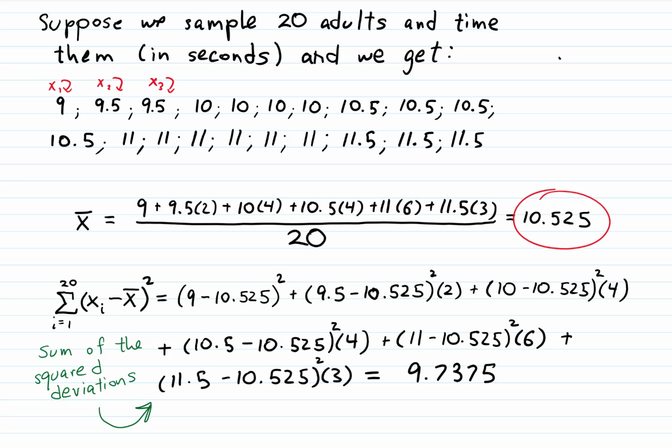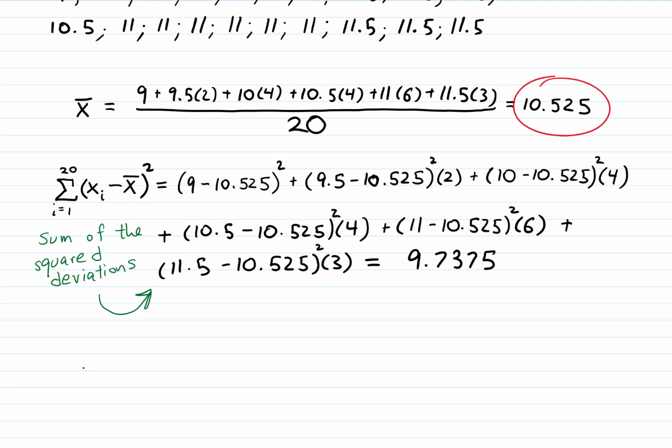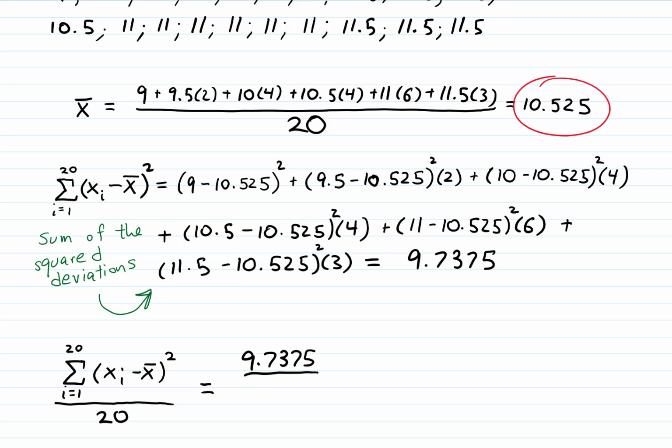What we want to do now is we would actually like to find the average of the squared deviations. So what does average mean? You add them up, which we already did. We added up the squared deviations. Now I would like to divide that by how many there are, which is 20. Okay? So we're going to do this. The sum of the deviations squared, and we're going to divide that by 20, and we get 9.7375 divided by 20, which equals 0.486875.